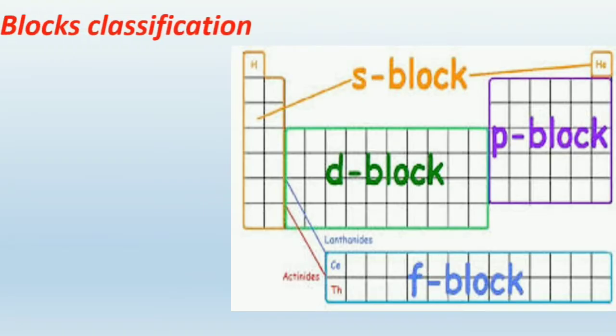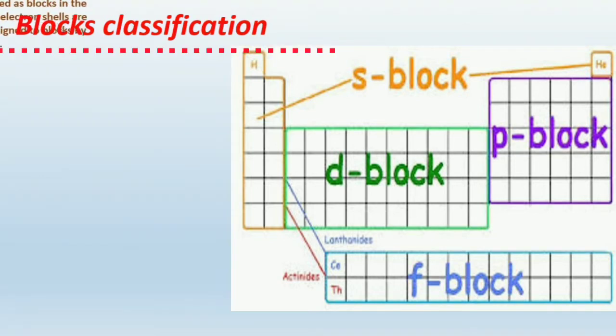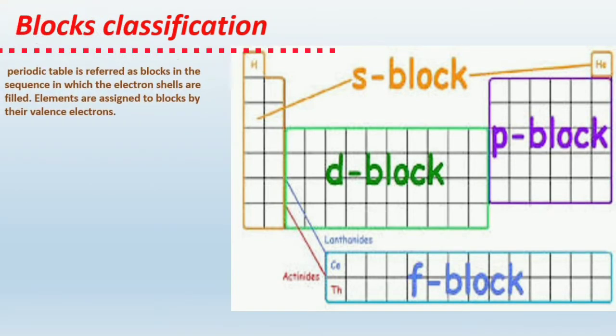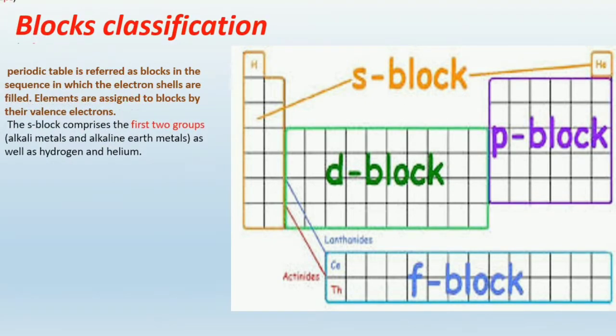Now the block classification. In the periodic table, a block is referred to by the sequence in which the electron shells are filled. Elements are assigned to blocks by their valence electrons. The S block comprises the first 2 groups, alkali metals and alkaline earth metals, as well as hydrogen and helium.